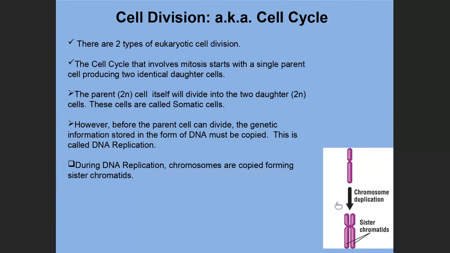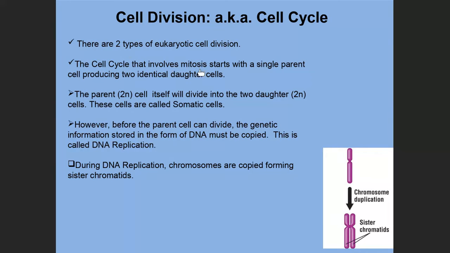So we'll talk about how during cell division, before the nucleus ever divides, all the DNA inside of the nucleus has to be replicated or copied. Okay, and when DNA is copied, we go from chromosomes to sister chromatids, the original chromosome attached to a copy of itself. But if you look here, there are two types of eukaryotic cell division.